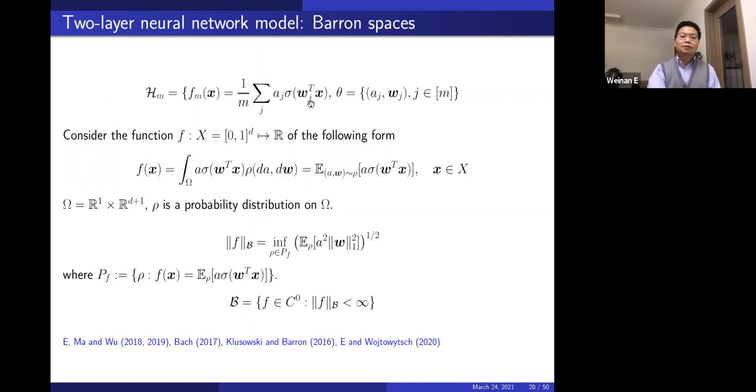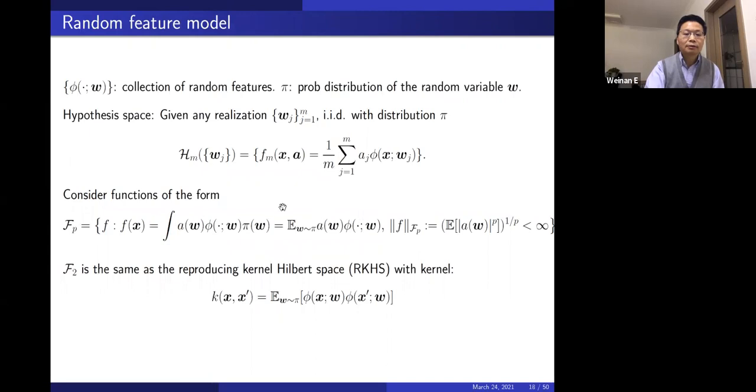But writing it in this form suggests that we consider functions that admit this representation, where rho is a probability distribution in the parameter space of a and w. So again, this means that the function can be expressed as an expectation. This will be the analog of the representation here.